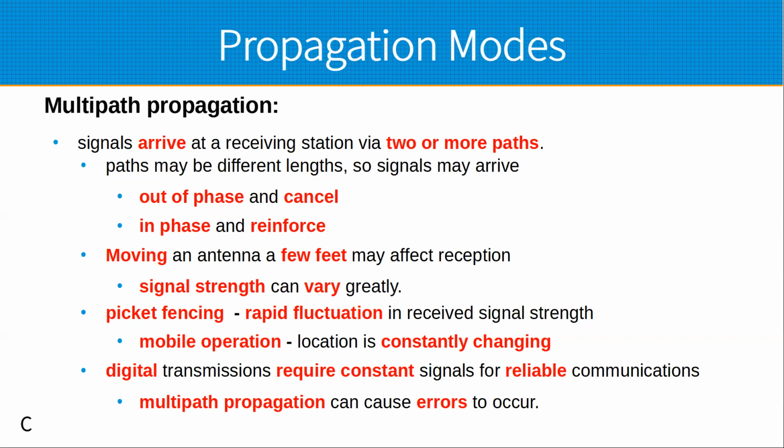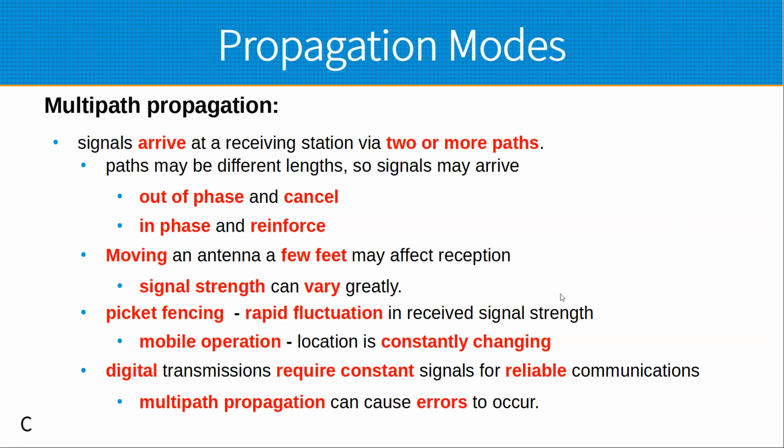So they can add or they can subtract, and they can cause echoes, very short echoes, but definitely cause some distortion. Just by moving a few feet one way or the other, you'll change the pattern. And that can cause the signal strength to vary greatly depending on where you're at and if you're moving, which is the picket fencing.